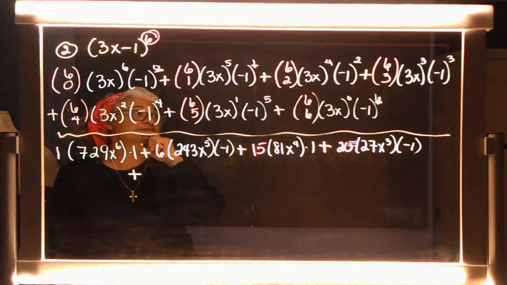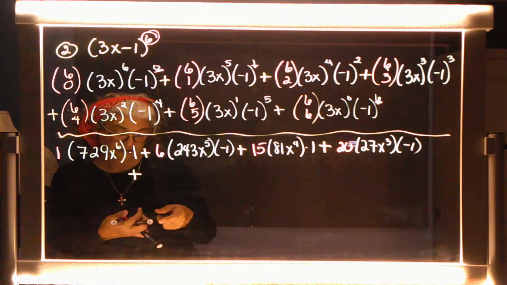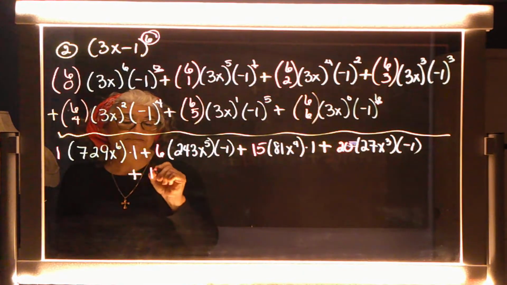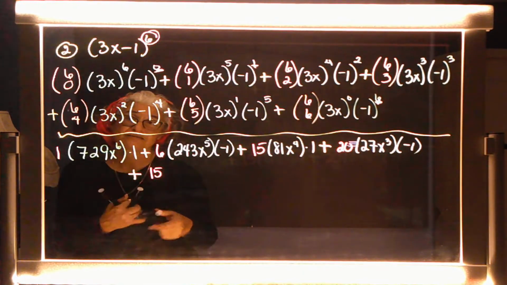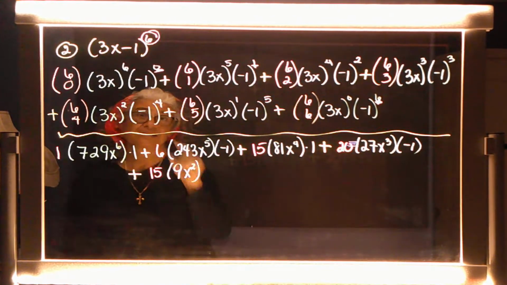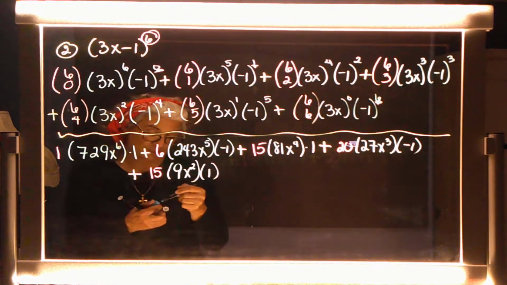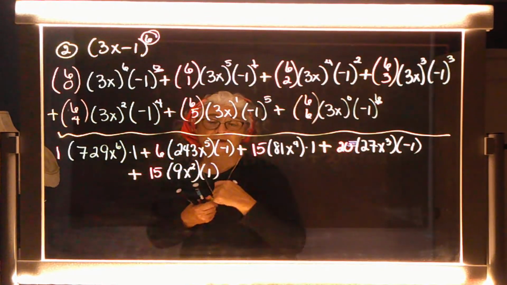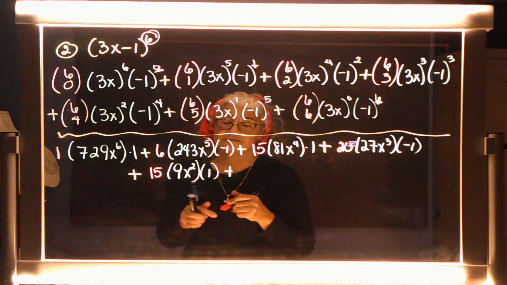Plus 6 choose 4. What did we get? Yes, we got 15. And now we've got 3x to the 2nd. Good. That's 9x to the 2nd. And negative 1 to the power of 4. Positive 1. I'm with you. Plus, what was 6 choose 5?